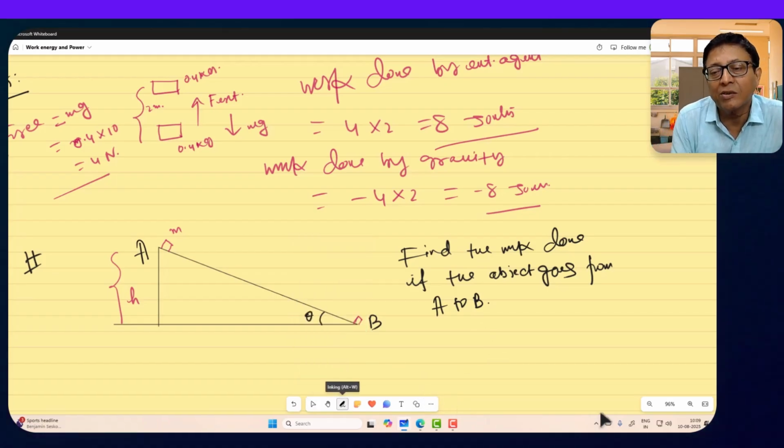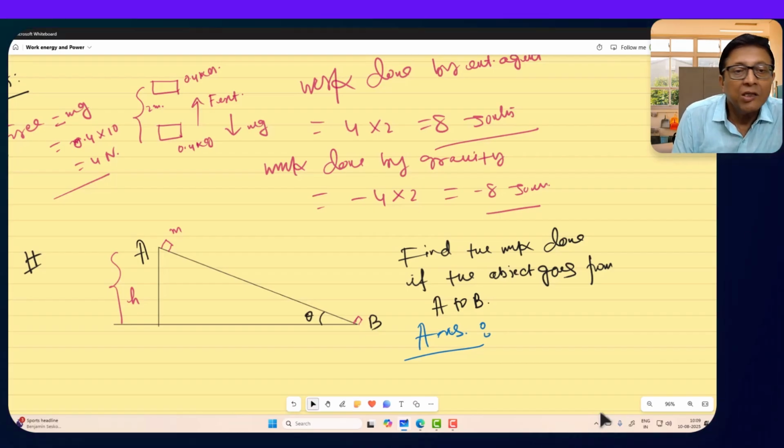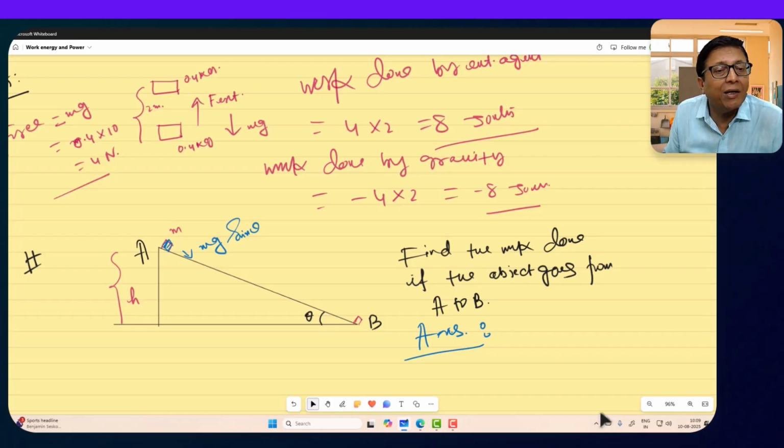So the object is going under the action of gravity. What force acts when an object is placed on the inclined plane? That force of gravity we have studied before in the 4th chapter. That force is nothing but mg sin theta. Okay? So gravity will take it along AB.